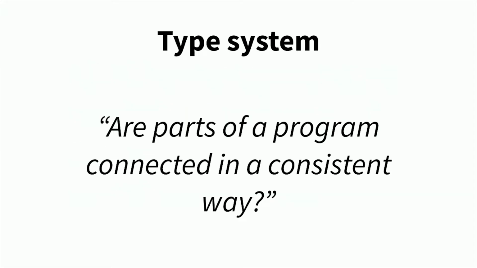So what's helping a static analyzer a lot is a type system. So what is a type system? There's a really long article on Wikipedia about it. But if I can summarize it, a type system answers if parts of a program are connected in a consistent way. In other words, does an application work from the types' point of view?